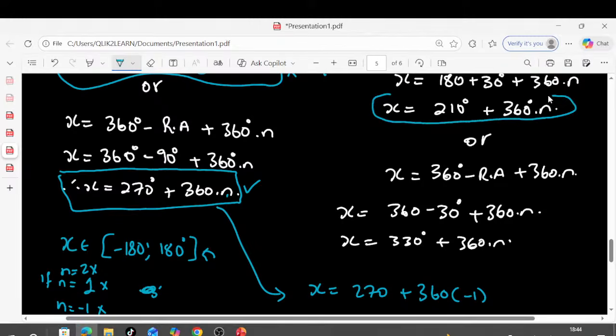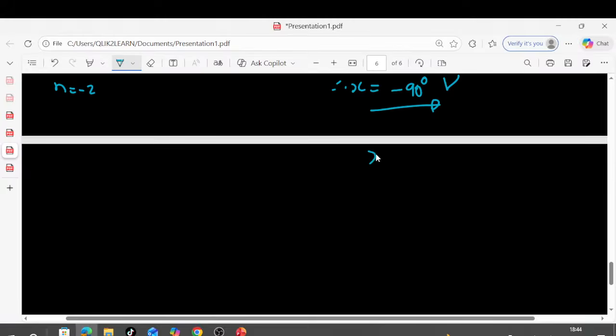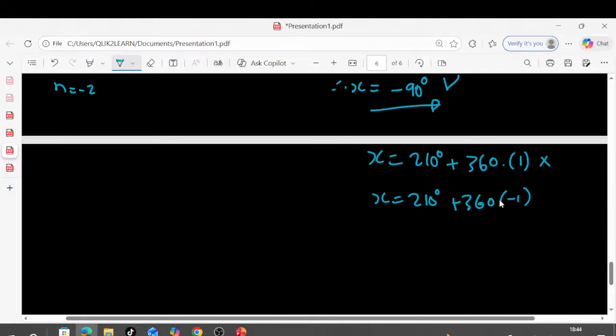You see? This works. So now, where there's n is 210 plus 360n. So I'm just going to do the same and say x is equal to 210 plus 360. Where there's n, I need to put 1. It won't work. X is equal to 210 degrees plus 360. I put minus 1. Let me see what I get.